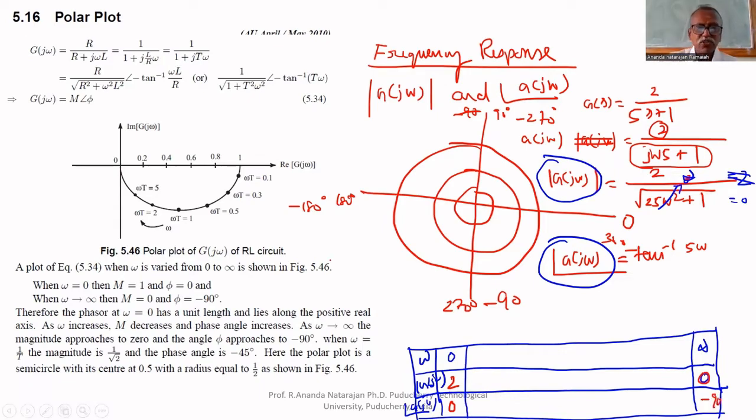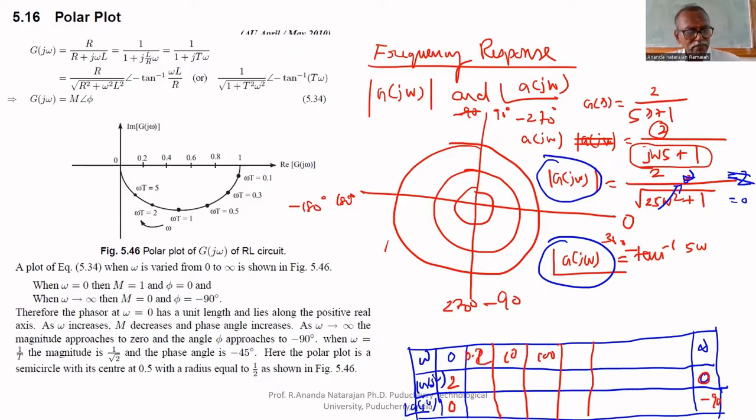So for various values, we have to find the values for omega equal to 1, 10, 100, like that. What is the time constant? 5, so 1 by 5 means 0.2.